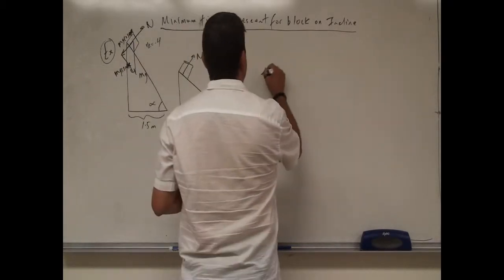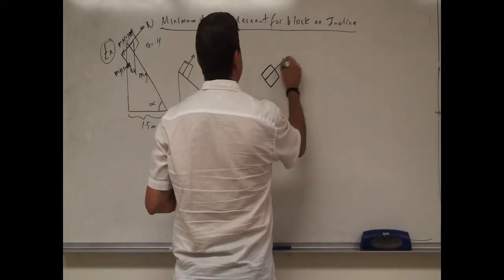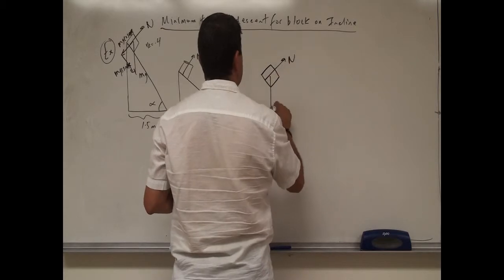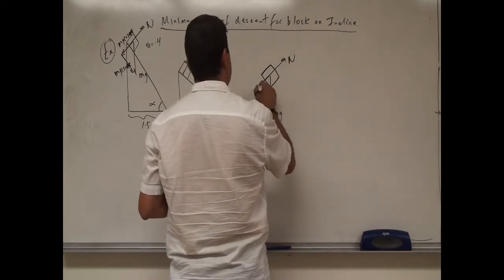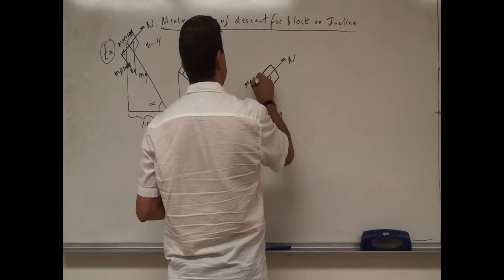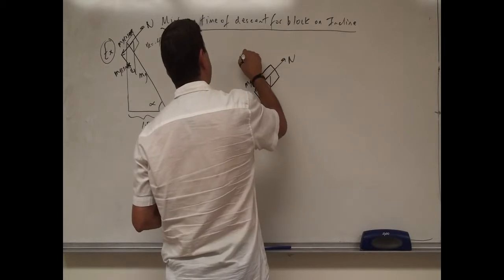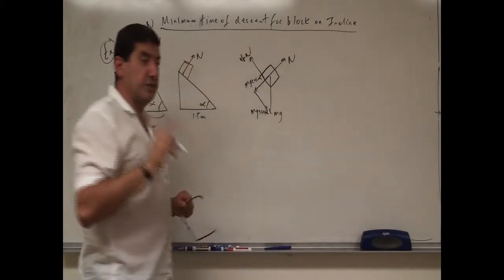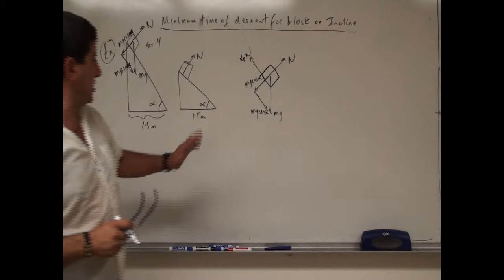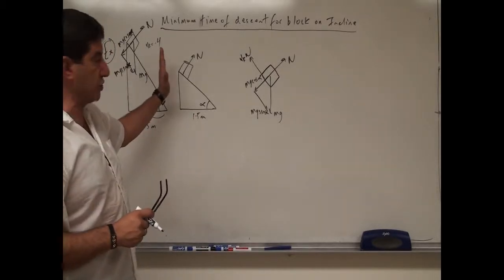So the forces on the block are like this. We have a normal force, we have here mg, we have here mg cosine of alpha, we have here mg sine of alpha, then we have here the friction force mu k N. So with that argument, it would make sense that you want the angle to be large, right?